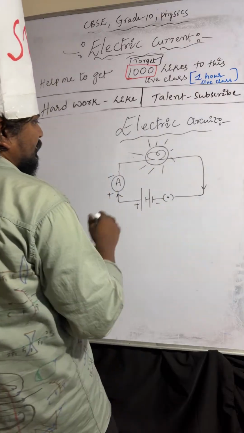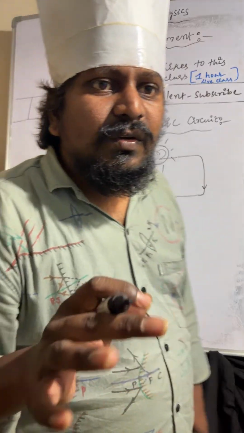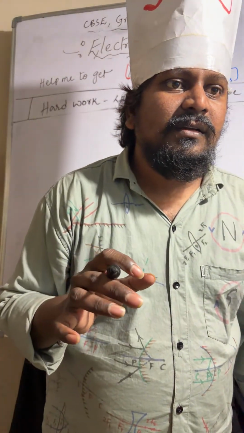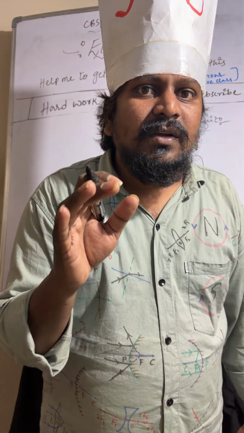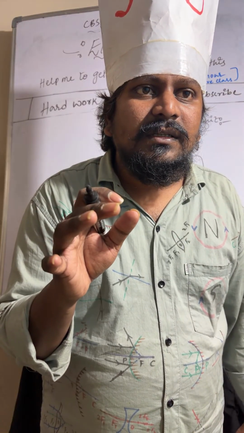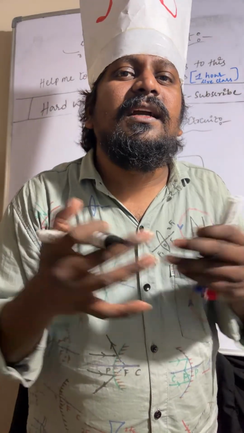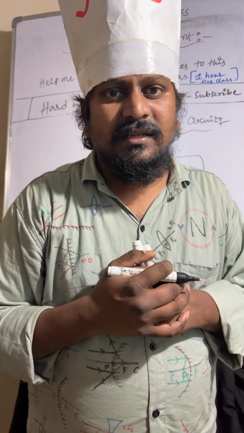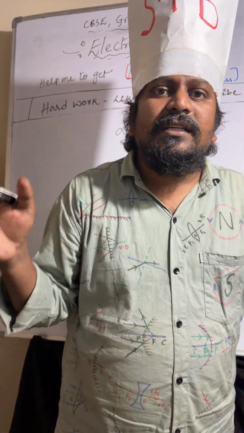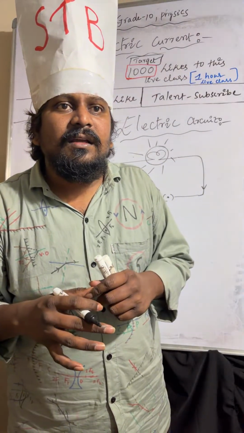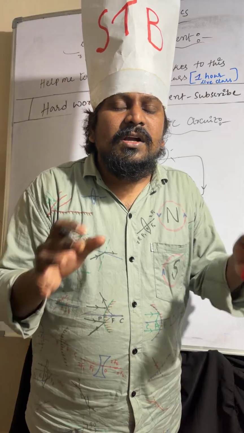Current is passing. So you should know one thing, there are two types of current. One is conventional current, another one is electric current. Now, what is conventional current?